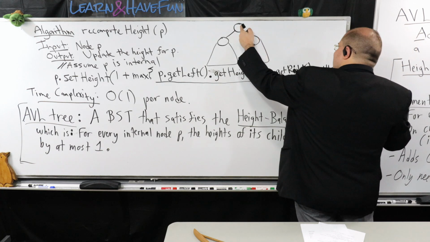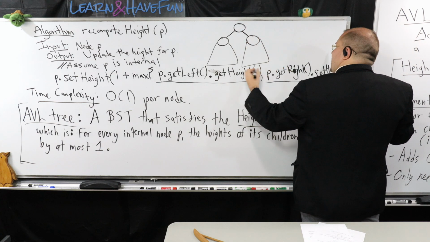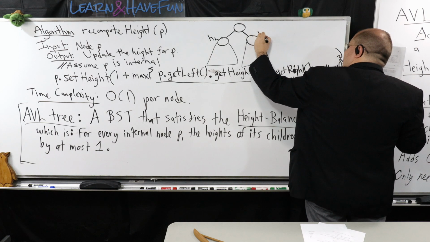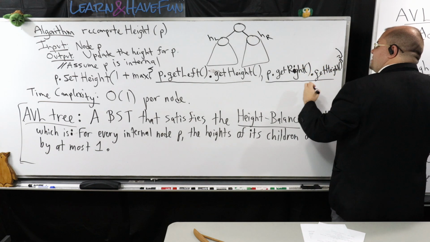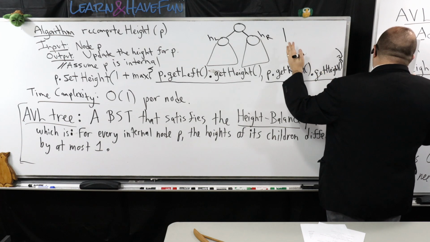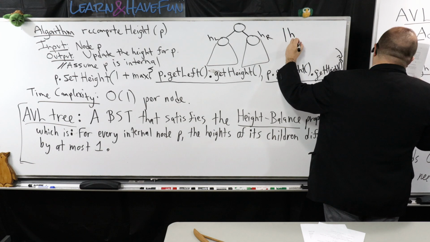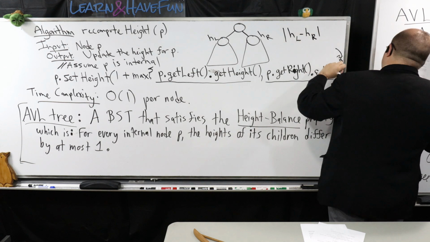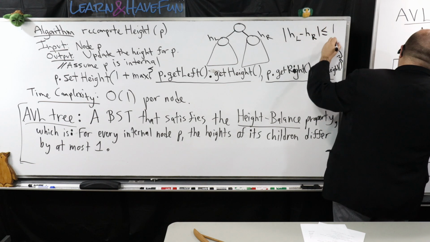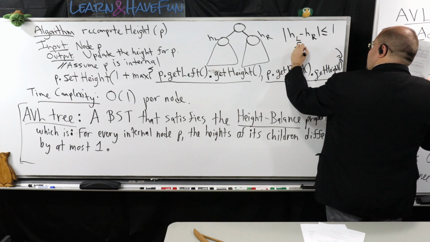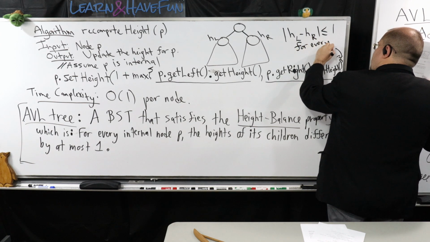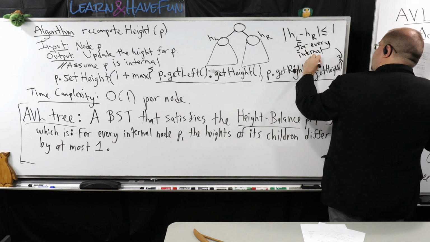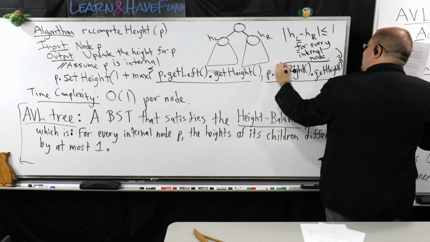The point is, this is some internal node, and suppose that I had the height of the left child and the height of the right child. It has to be that if I take the absolute value of the difference HL minus HR, this can be no more than 1 for every internal node. That's what the height balance property means.